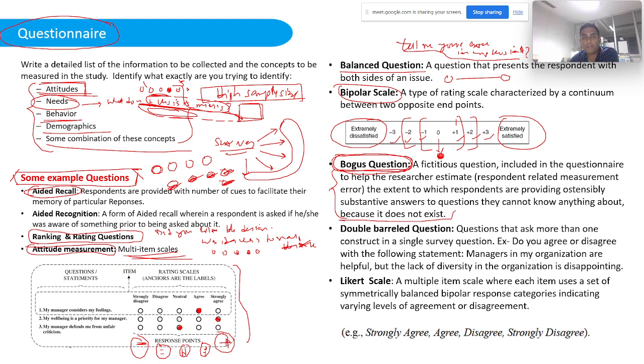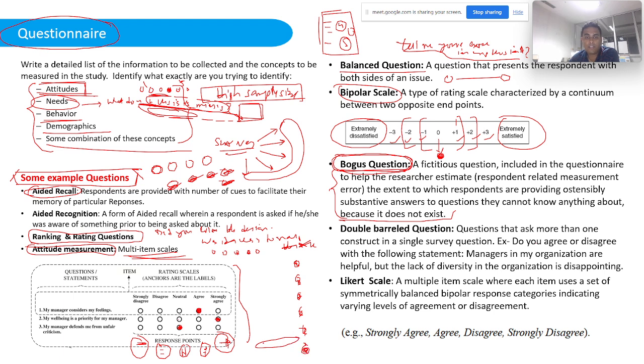So in a questionnaire of probably 50 questions, you put 4 to 5 bogus questions, and then you see whether the user gives responses to those questions or not. For example, if you have a checklist kind of question and the user gives answers like always 4 4 4 4 4, now in the middle there is a question which does not have any rating.